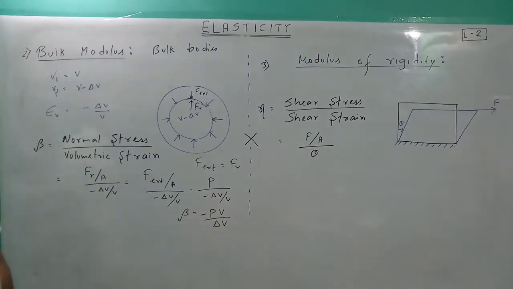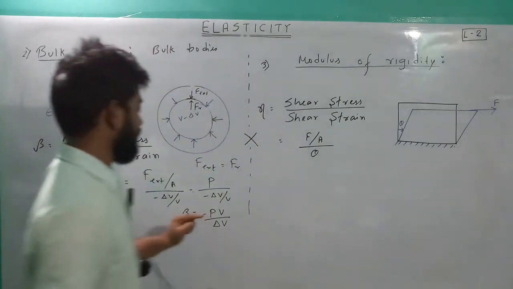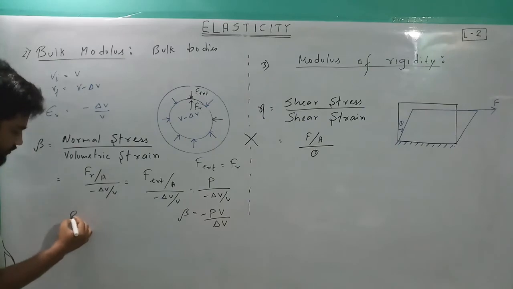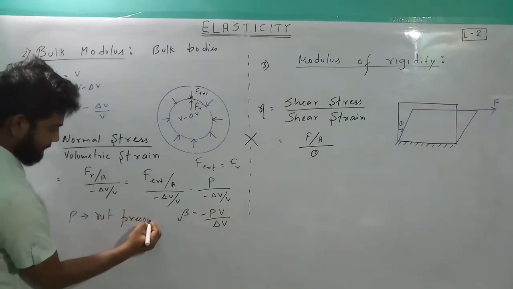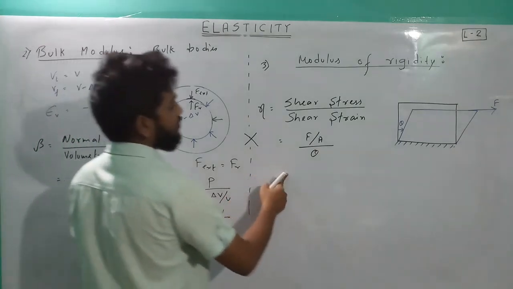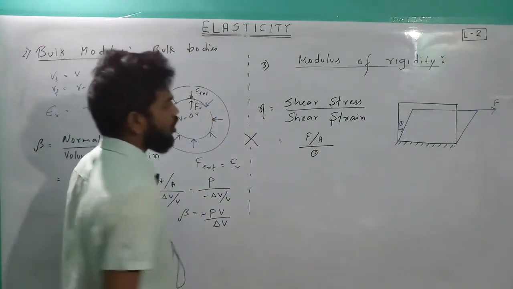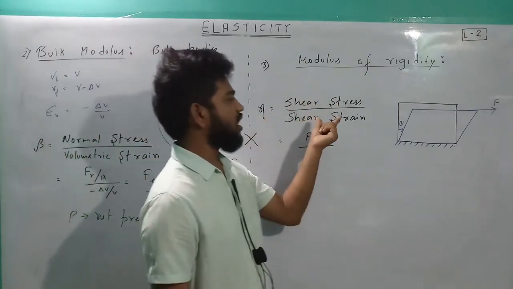Since P is the net pressure, I'll just write it here. Net pressure. Next is your modulus of rigidity. Modulus of rigidity means shear stress upon shear strain.